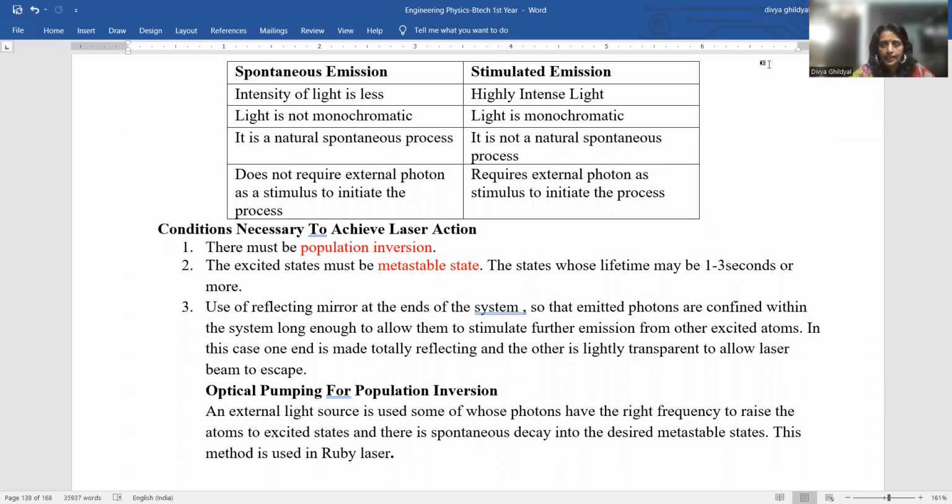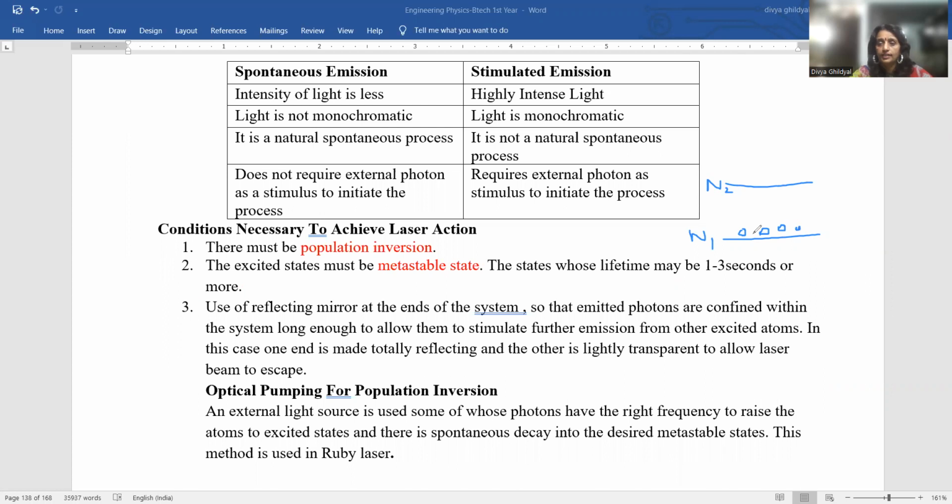We know that in the energy levels, all atoms are usually lying in their ground state. Suppose N1 number of atoms are lying in the ground state E1 and N2 number of atoms are lying in the excited state, where they are always less than in the ground state.